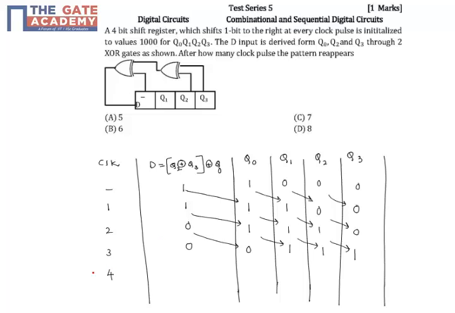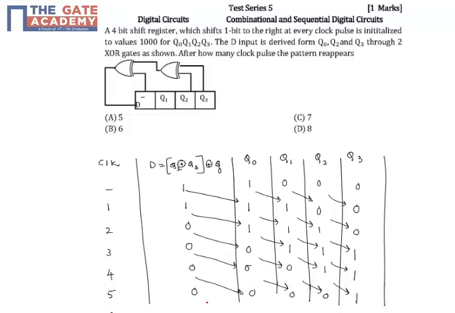Fourth clock pulse, 0 will come to here, 0 1 1. Next, this is 0 exclusive OR 0, so it will get 0. Fifth clock pulse, this 0 will come to here, 0 0 1. So this is 0 1, so 1 exclusive OR with 0, this is 0.